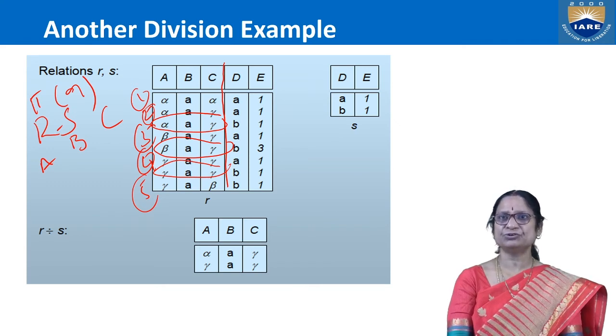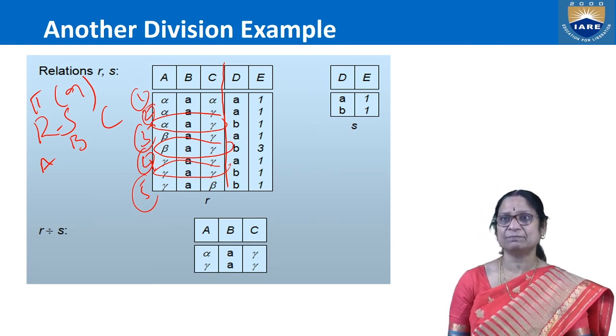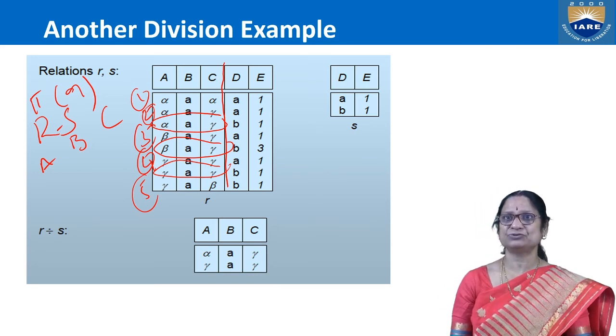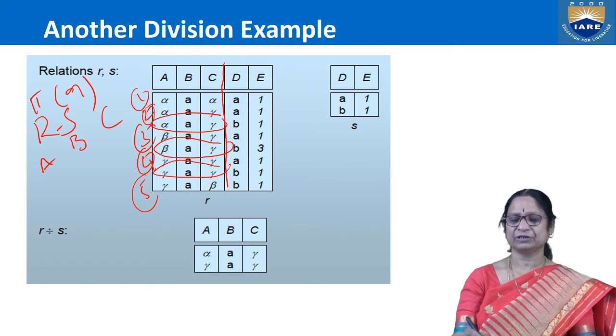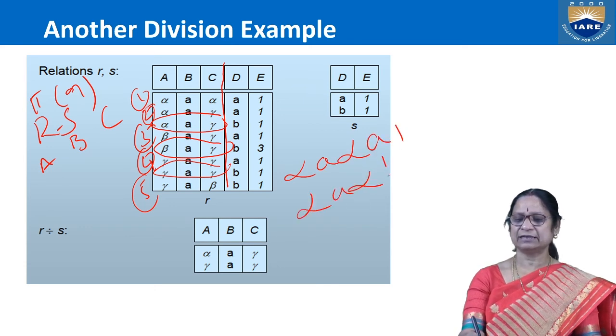Then what am I supposed to do? Each of these tuples must map with all tuples of S. If all of the mapped tuples exist in our relation, that can be listed. First I am supposed to take alpha A alpha. Alpha A alpha, the first tuple is A1, alpha A alpha, the second tuple is B1.